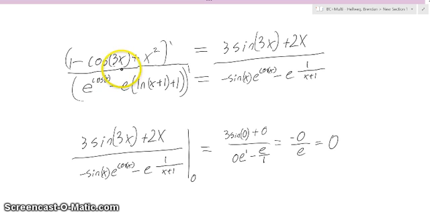So as you can see, we differentiate the top and the bottom, and that gives us two solutions, and then we evaluate that solution at 0, because we're taking the limit as x approaches 0, and that will bring us to 3 sine 0 plus 0 over 0 times e to the first minus e over 1, which becomes minus 0 over e, which becomes 0. So as we can now see, the limit of this function here is going to be equal to 0.